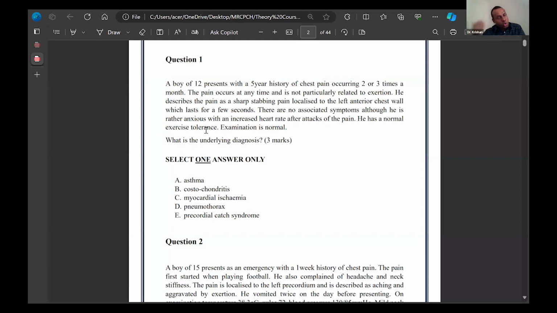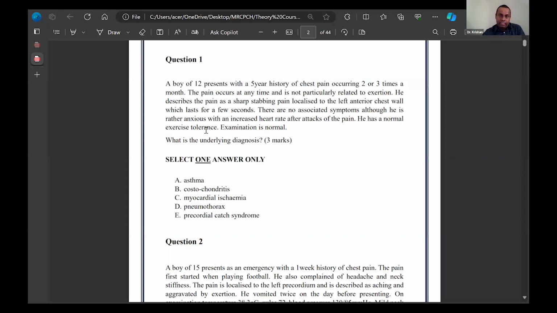When you have normal exercise tolerance, it's very unlikely that this child has a significant respiratory or cardiac pathology as the underlying diagnosis. And then it also says that examination is normal. If it is acute wheezing causing this kind of symptoms, we expect the child to have bilateral wheeze, reduced air entry, some of these, right? So none of them is there.